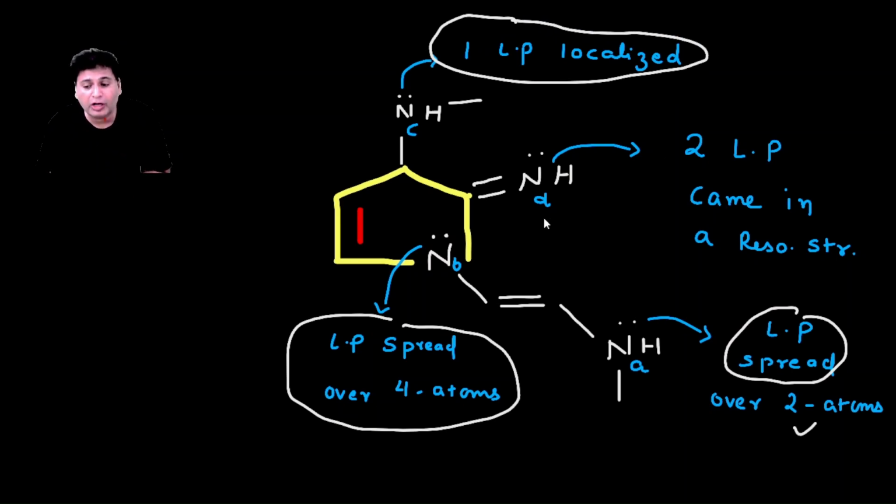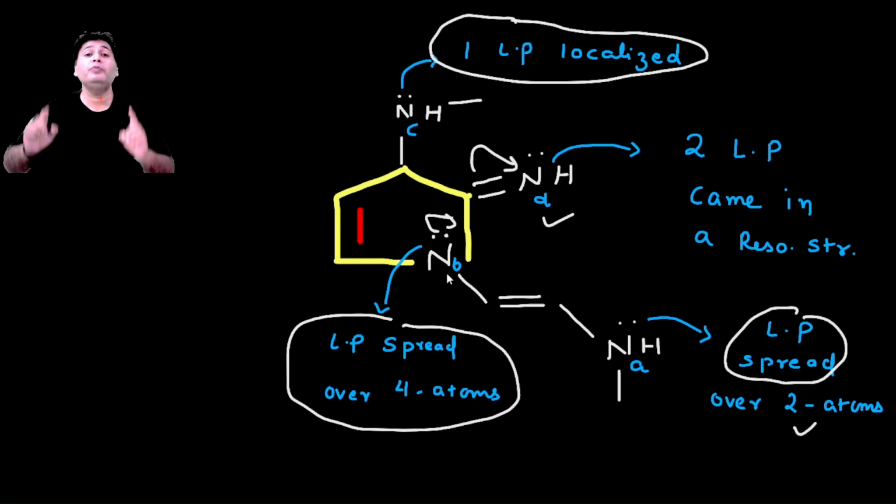And once you talk about D, in the previous slide I have spoken a lot about this condition, how in one of the resonating structures, when the lone pair is given like this and the pi bond shifts to this nitrogen, this is the only nitrogen which is seen to be most prosperous in terms of the number of lone pairs it has, because there it had two lone pairs, if you remember.